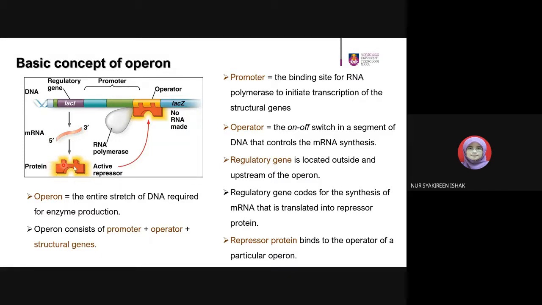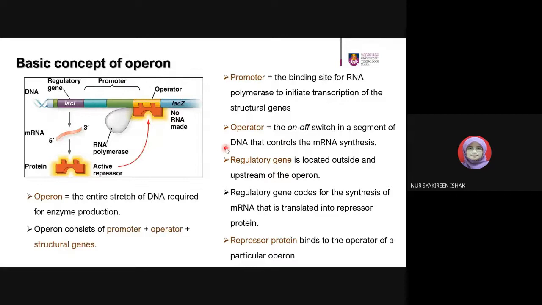This repressor protein will bind to the operator. If the repressor protein binds to the operator, this will not allow RNA polymerase to bind to the promoter. So what is the function of RNA polymerase? The function of RNA polymerase is for transcription.